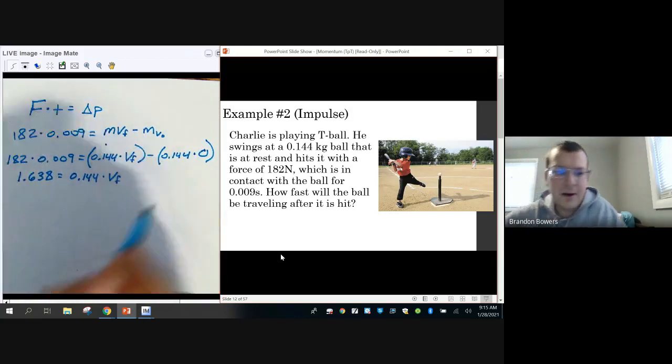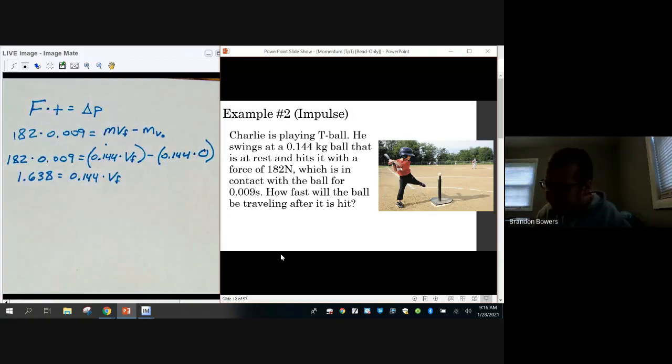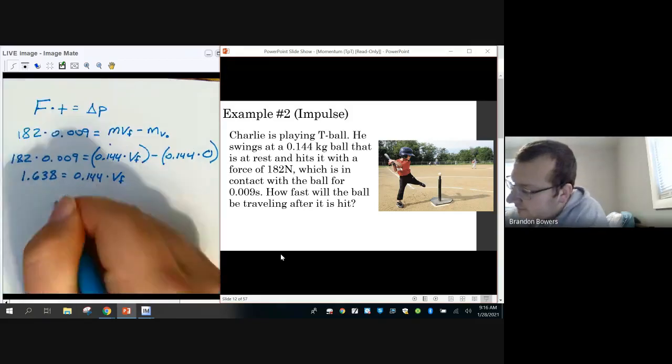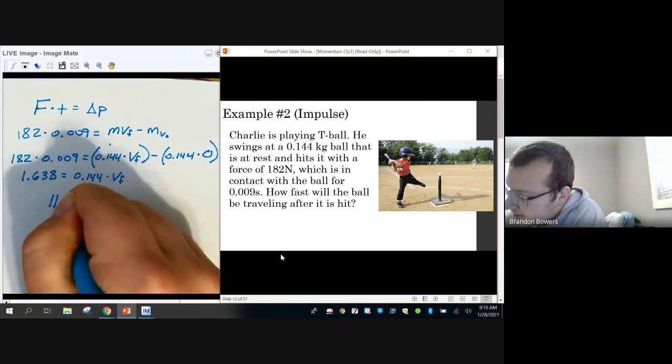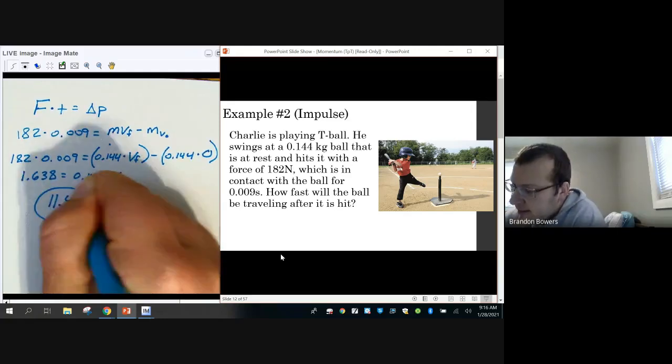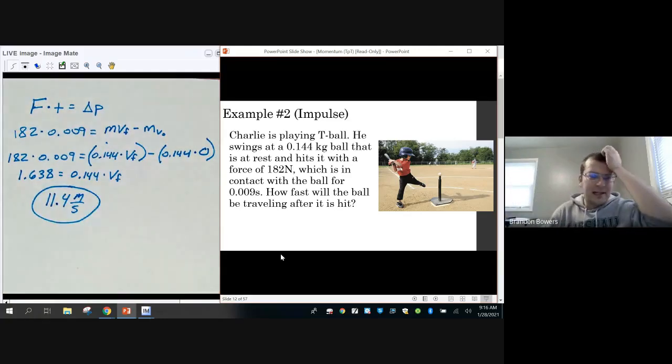So divide that over and I got 11.4 meters per second. And that's how you utilize the impulse equation: force times time is equal to the change in momentum.